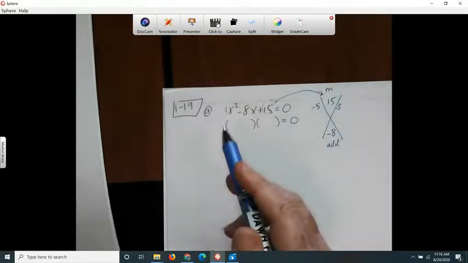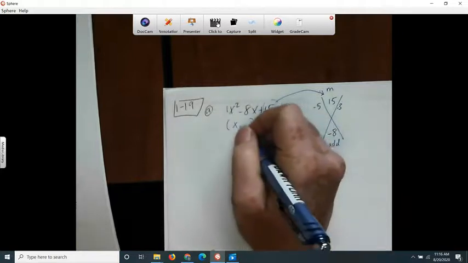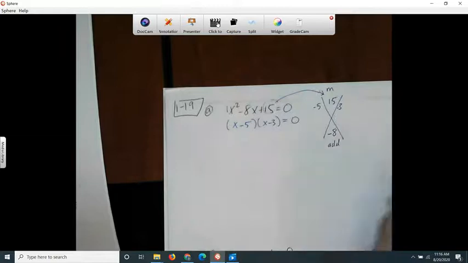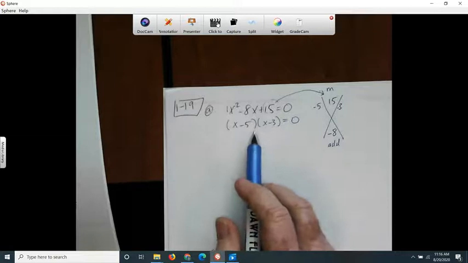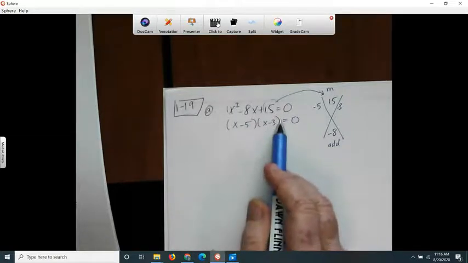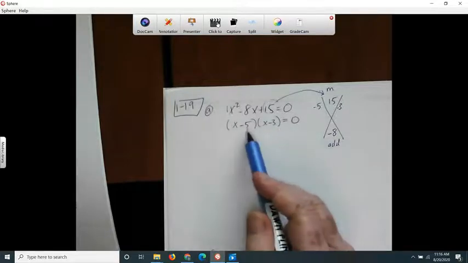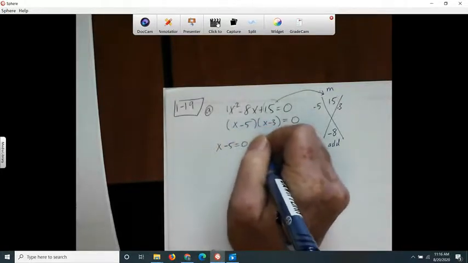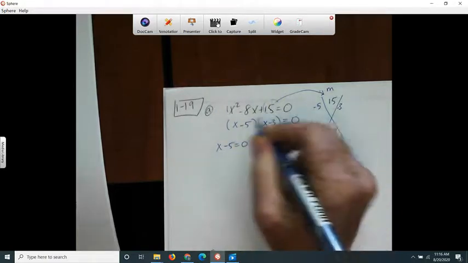Now, since this is only a 1 right here, I can just take this shortcut and just say, hey, it's x minus 5, x minus 3. And I can use the zero product property. The zero product property says if I have a factor times another factor, and the answer is 0, if something times something equals 0, then either this something equals 0, or this other something equals 0, or they both equal 0.